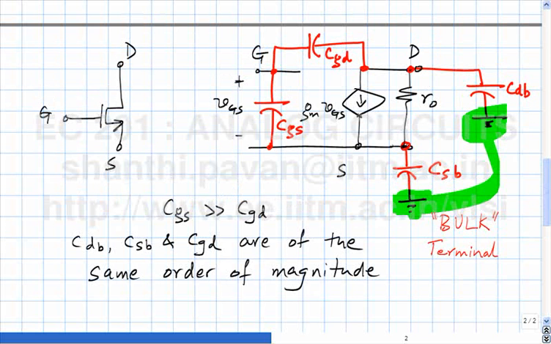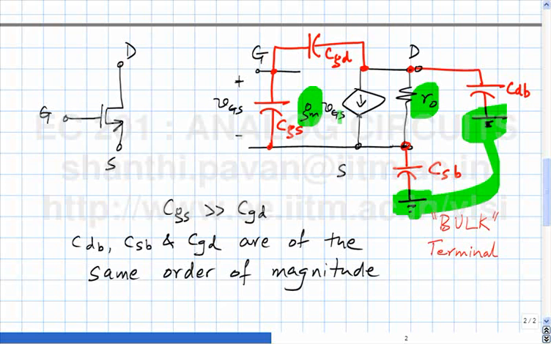You can see from this diagram that at very low frequencies, these capacitors can all be treated as open circuits and you get back to the original equivalent circuit we saw for DC. And all these are the so-called DC incremental parameters.